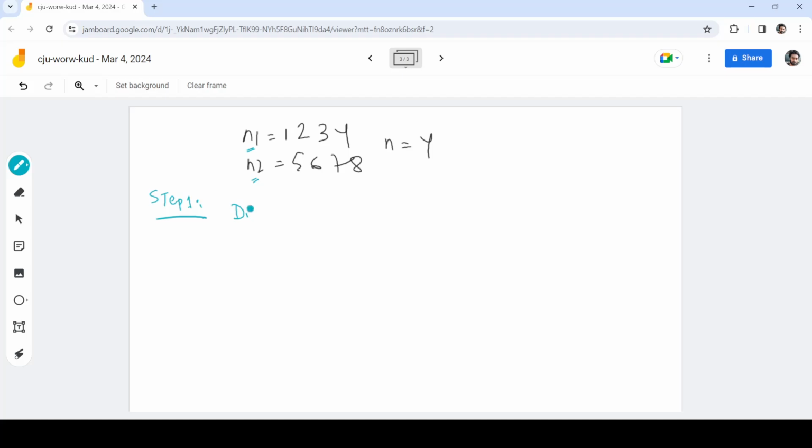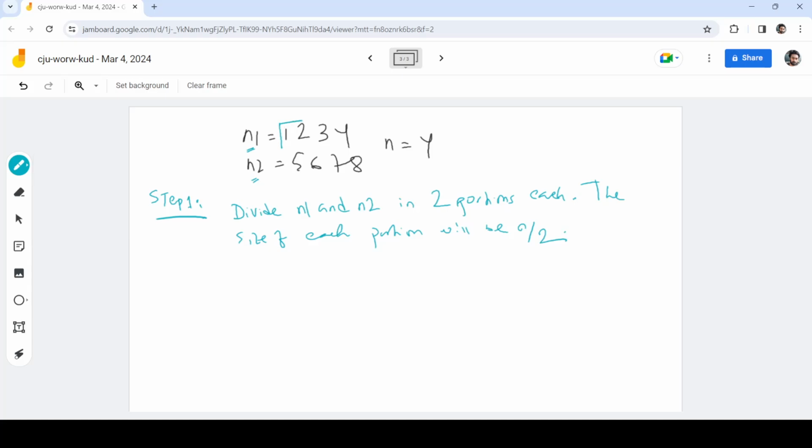Okay, so the first step is divide n1 and n2 in two portions each, and the size of each portion will be n by 2 or n over 2. তাহলে কি দাঁড়াবে?